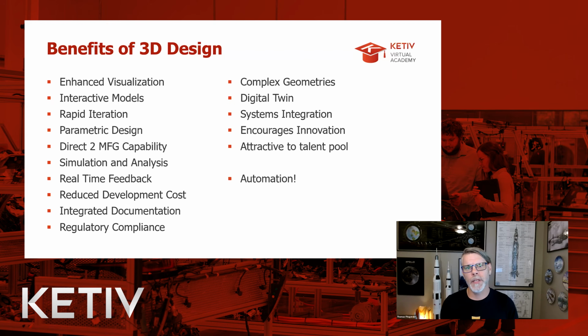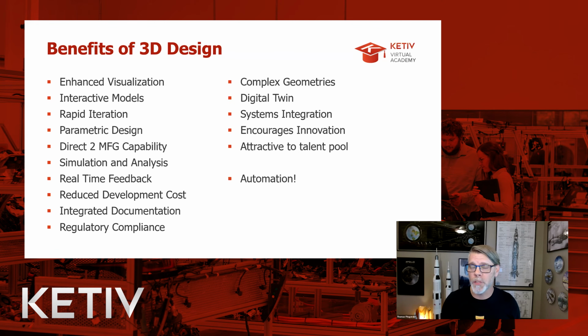Direct to manufacturing capability. What this means is, imagine having a machine out on your shop floor that as you develop 3D models, you can feed those 3D models into a manufacturing machine that can directly consume that information. You don't have to worry about outputting specific information in NC code in order for that machine to operate.